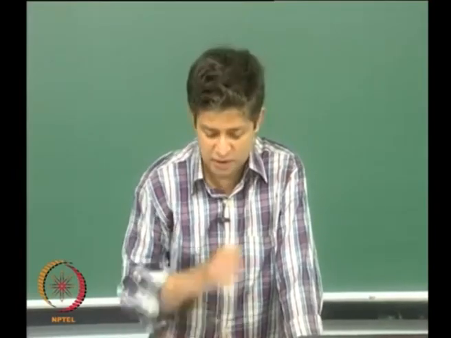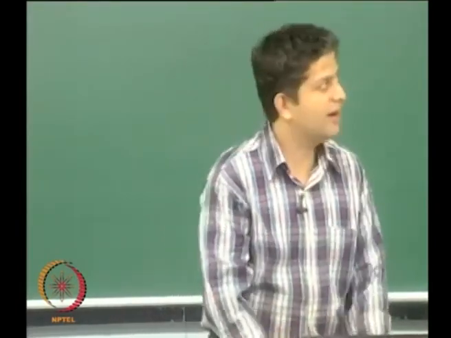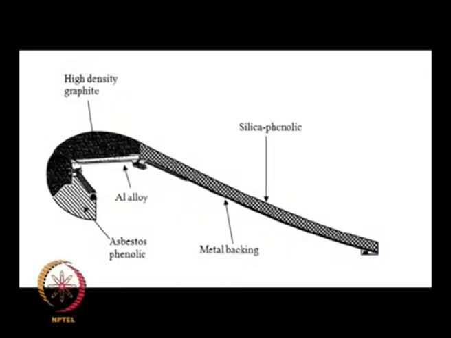Now one way of cooling it is to use high density graphite as shown in this figure. This is the throat region, right, and you have high density graphite here which acts as a heat sink. Now heat sink is something like this.